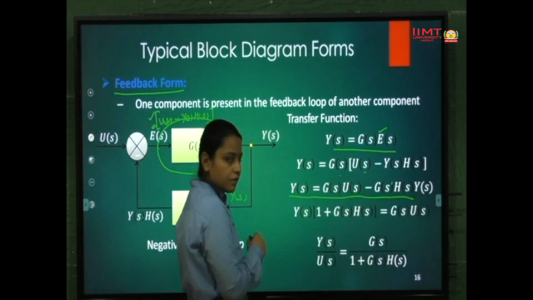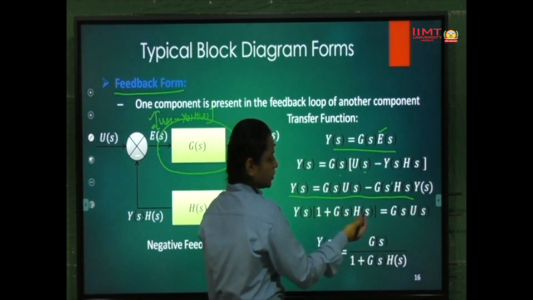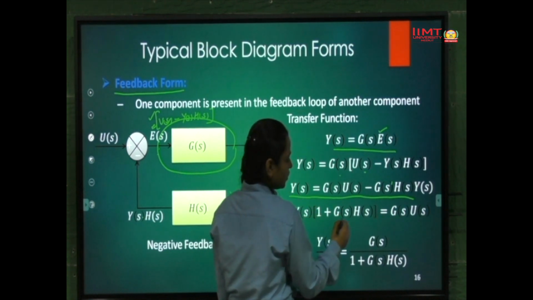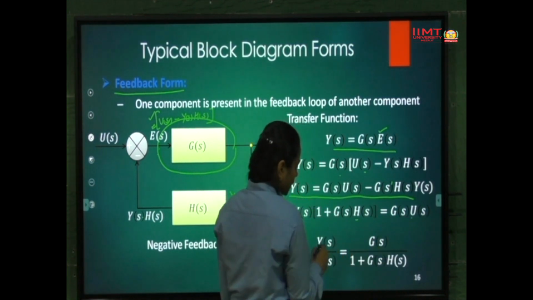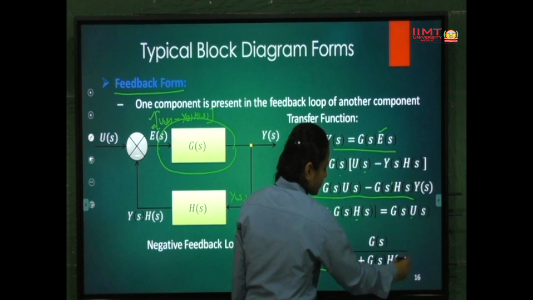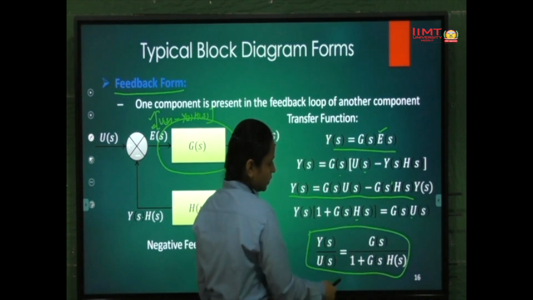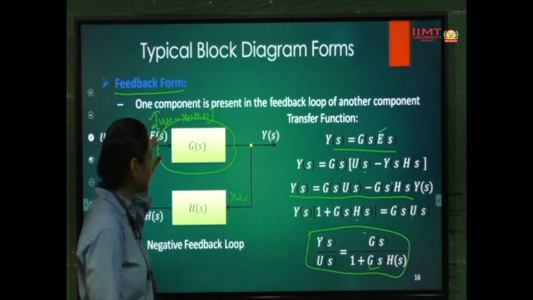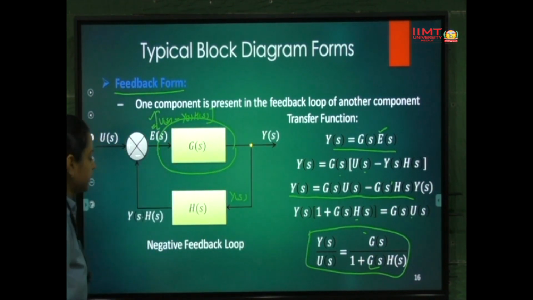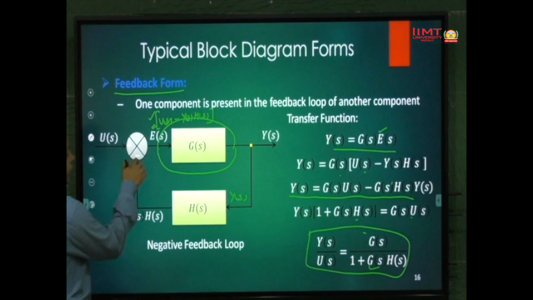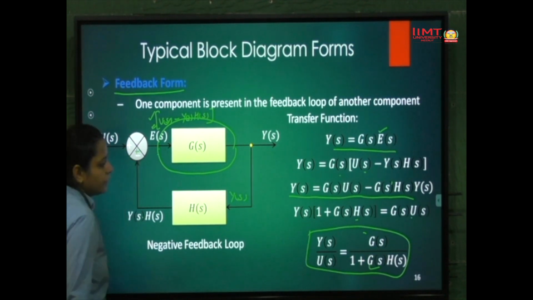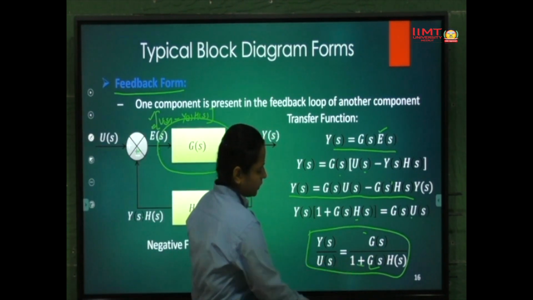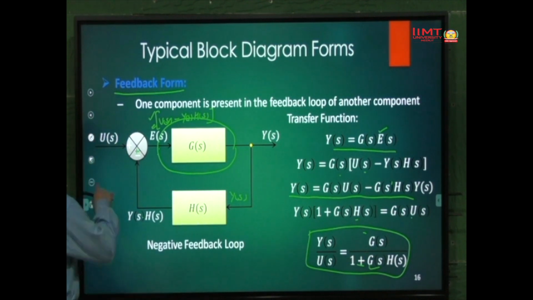If we take the Y(s) terms on the left hand side and the U(s) term on the right hand side, we get Y(s) times (1 + G(s) H(s)) equal to G(s) U(s). So we finally get the transfer function Y(s) upon U(s) equal to G(s) upon 1 plus G(s) H(s). This is the transfer function for the feedback block. This is negative feedback. If we have positive here, we get a negative term here.